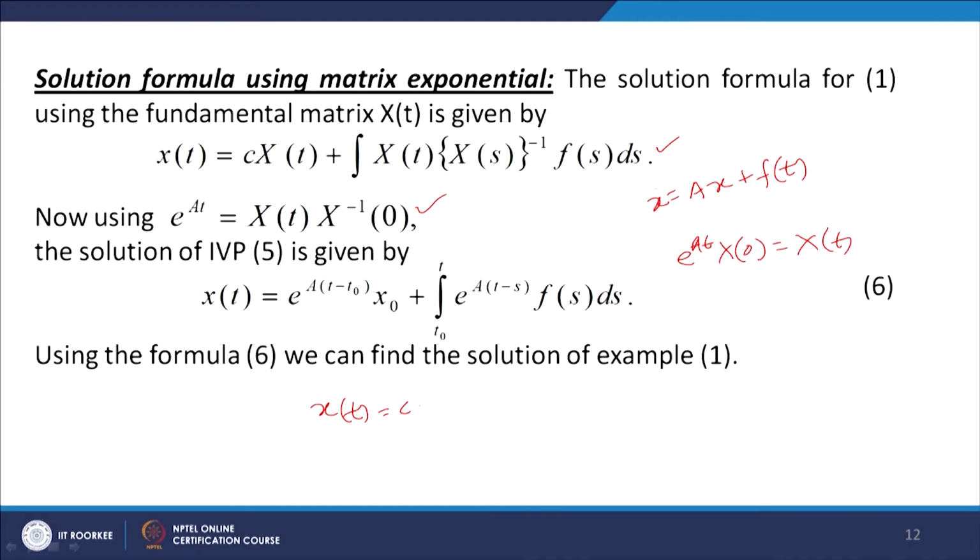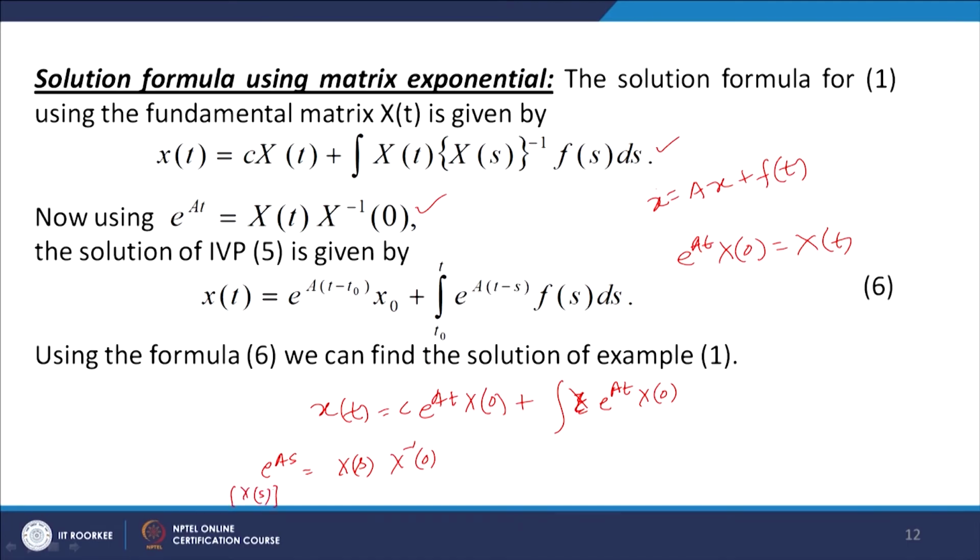So, X(t) is equal to e to the power At into X(0) plus the integral. X(s) will be e to the power As, equal to X(s) into X inverse(0). Now, we want to find X(s) inverse. So, pre multiply by X(s) inverse.